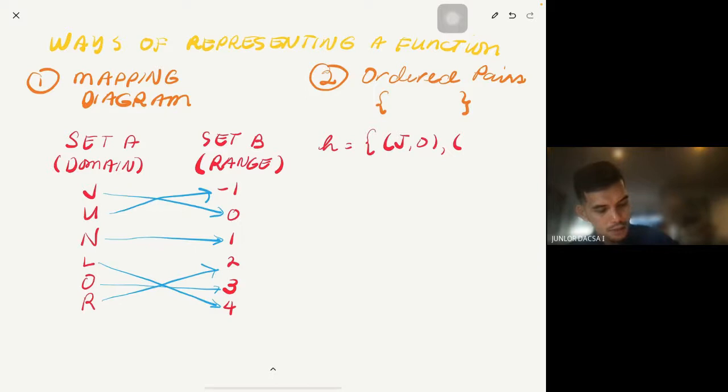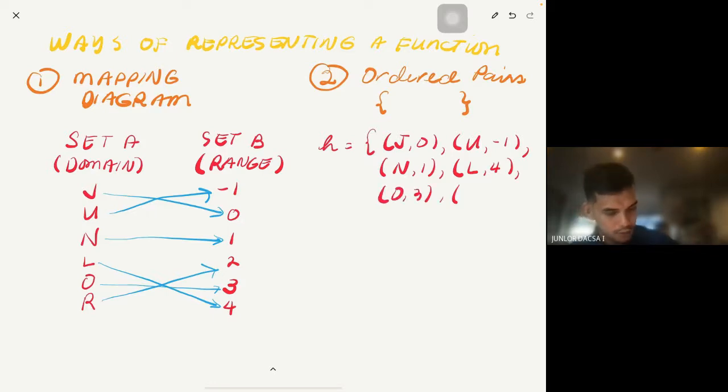And then (U, -1), and then (N, 1), and then (L, 4), and then (O, 3), and then (R, 2). Okay, so this is how we represent a function.